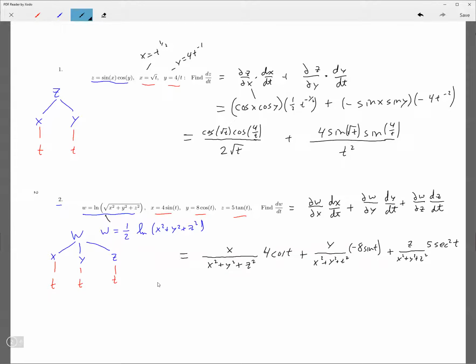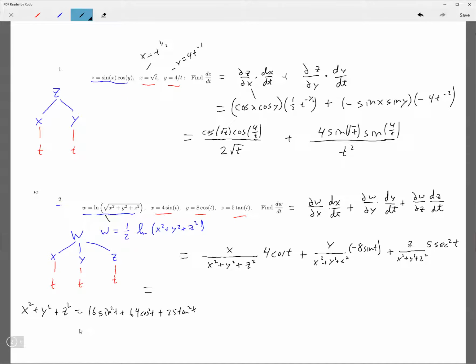This thing in the denominator comes up, x squared plus y squared plus z squared. If we substitute these values in, is there anything that works? So that's 16 sine squared t plus 64 cosine squared t plus 25 tangent squared t. I don't see how that works.